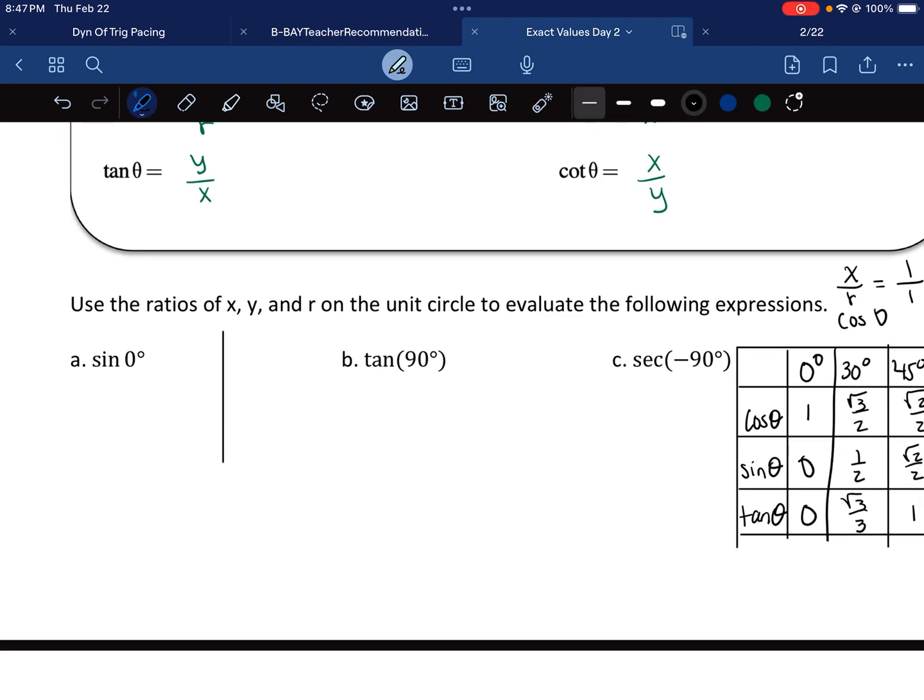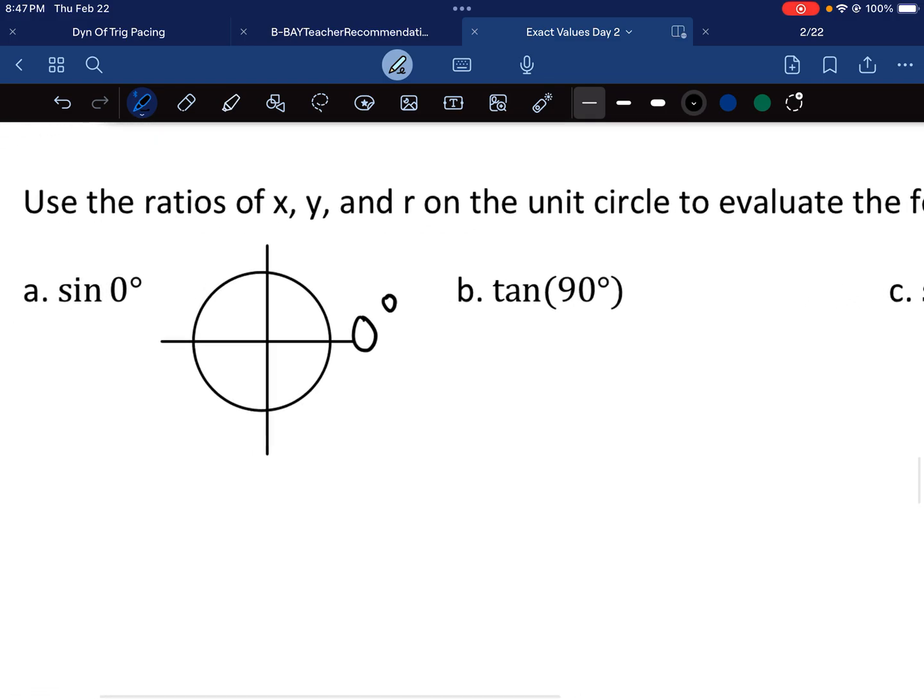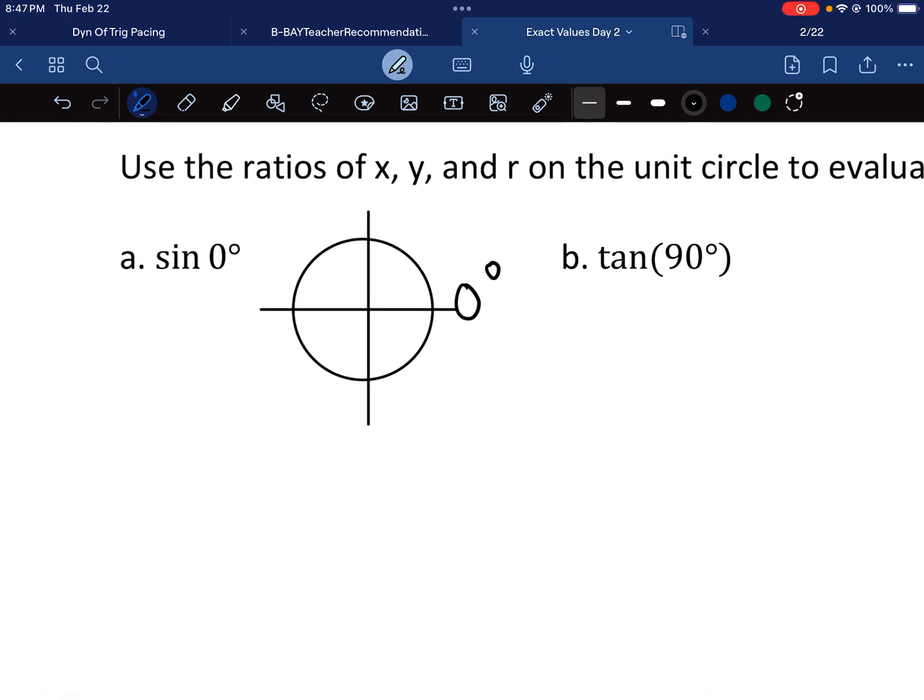When we think about our unit circle now, it's asking you to evaluate sine when your angle is 0. What we know is at 0 degrees, we have a coordinate of 1, 0, because we are moving to the right 1, because that's our radius length, but we're not going up or down any.